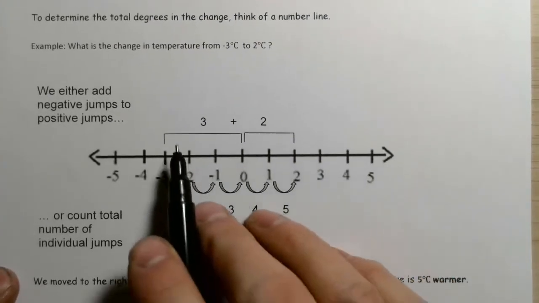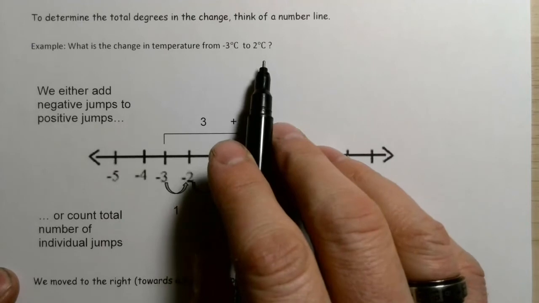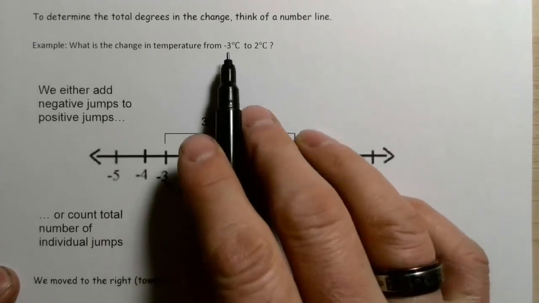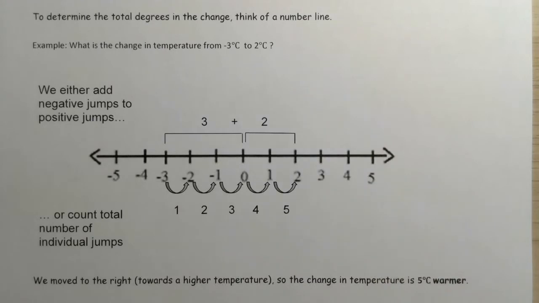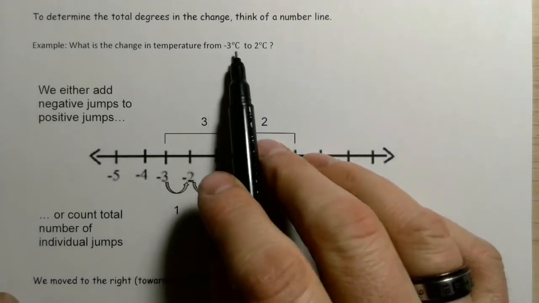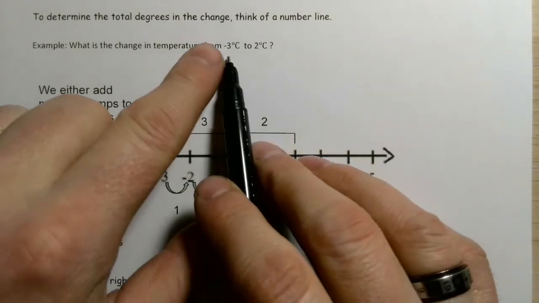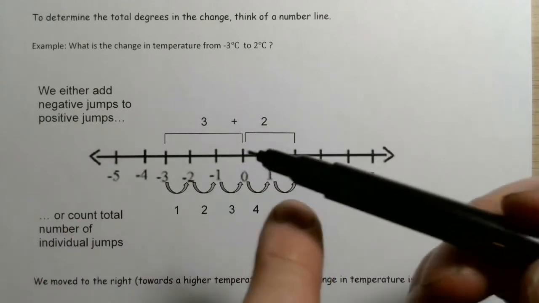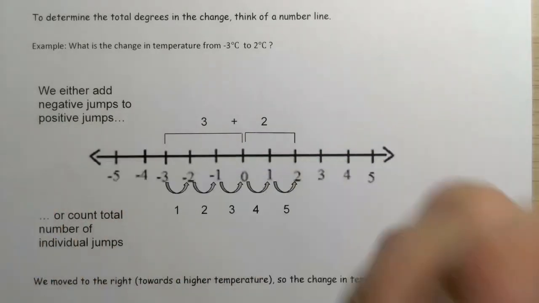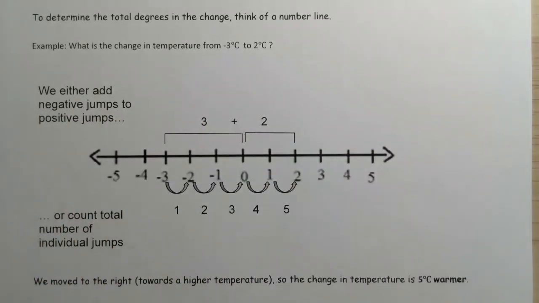So if you're going to go from negative 3 degrees Celsius to 2 degrees Celsius, well, notice that the number got larger. And in terms of temperature, when the number gets larger, it's getting warmer. So we're going from a smaller number to a larger number. Now, don't get thrown off by the fact that there's a 3 there. There's a negative in front, which means that that number is further to the left on the number line, and that makes it smaller.